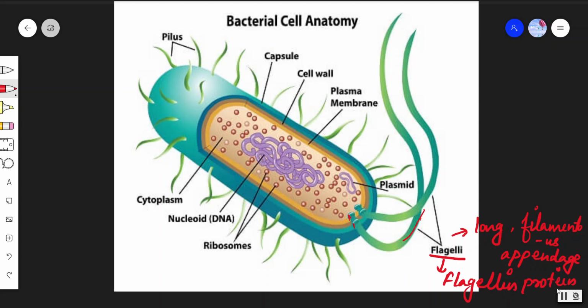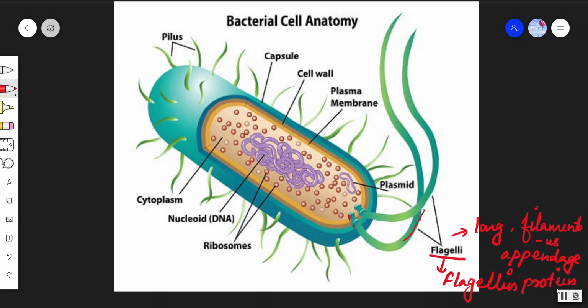Clear? Flagella are present on bacteria. They are long, filamentous appendages which help in movement of the organism.